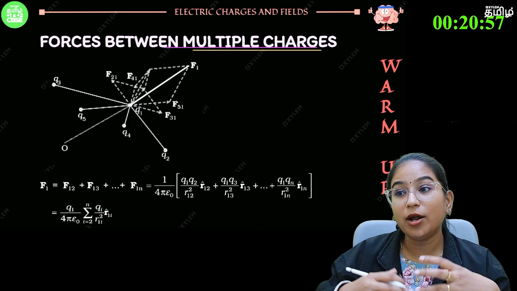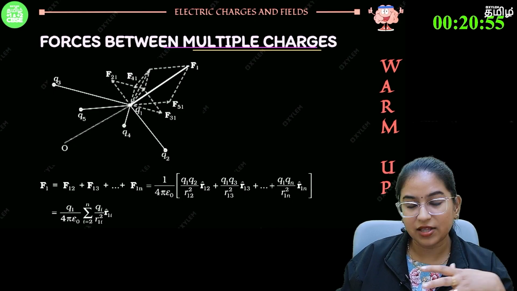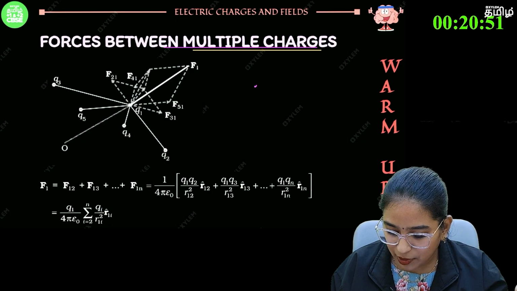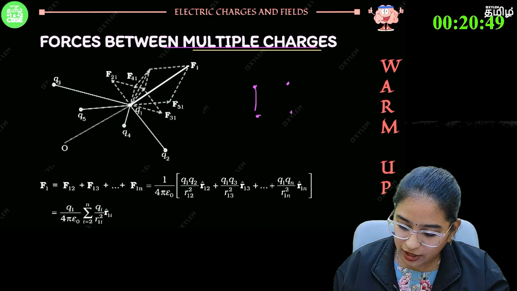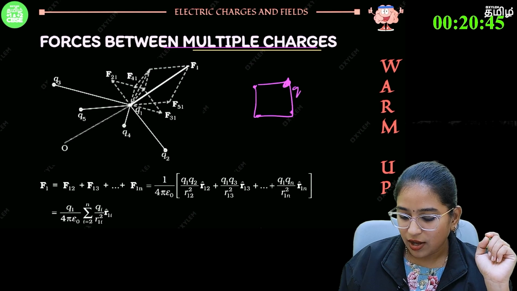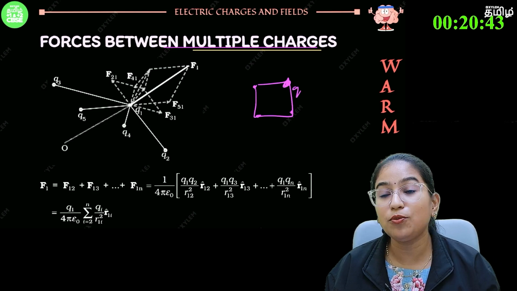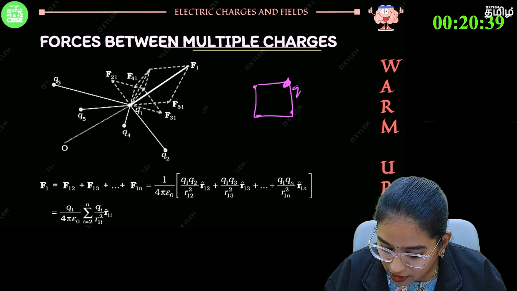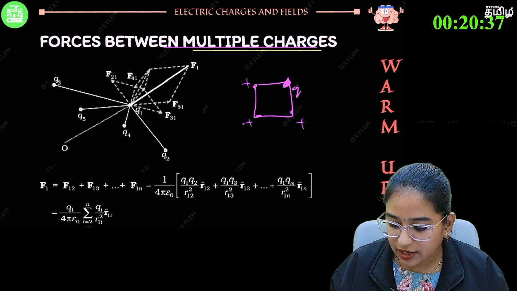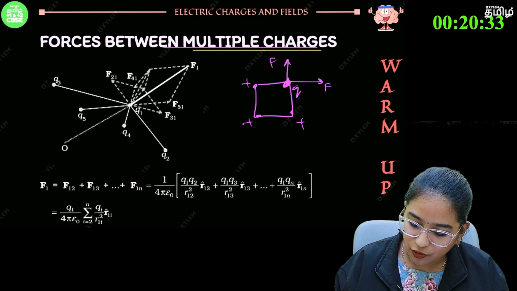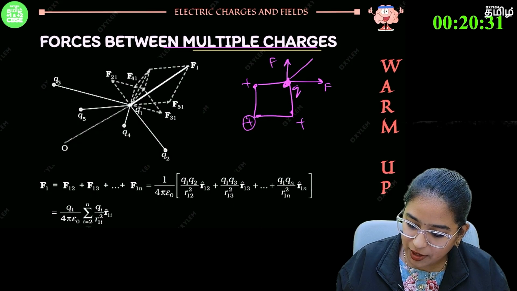But when you are plotting, if there are, for example, 4 charges and they are asking for the force on this charge, then you have to plot the forces, whether attractive or repulsive. If all are positive charges, then definitely it will be repulsive. So here comes one force, here comes another force, and from this charge you get another force.